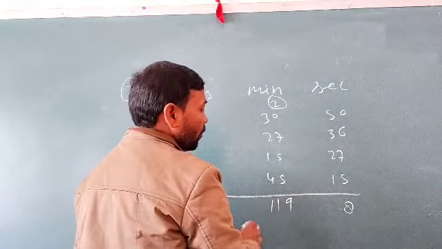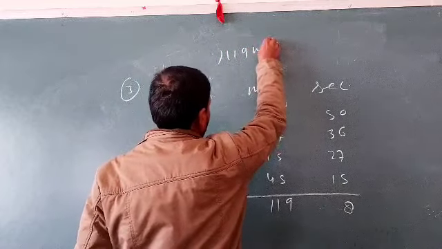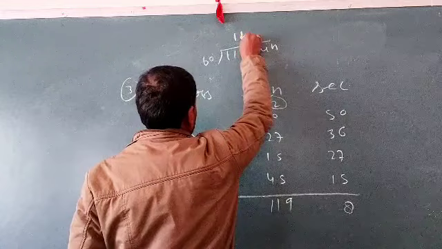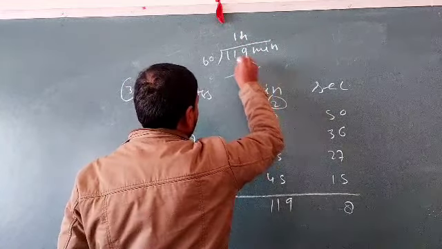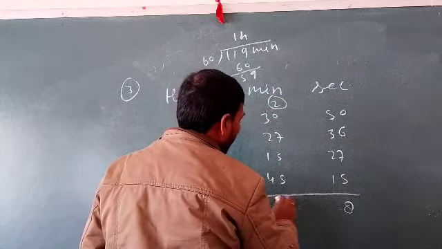So 119 minutes can be converted into hours by dividing by 60. One time, so 1 hour, and 119 minus 60 is 59. So here we have to write only 59 minutes.